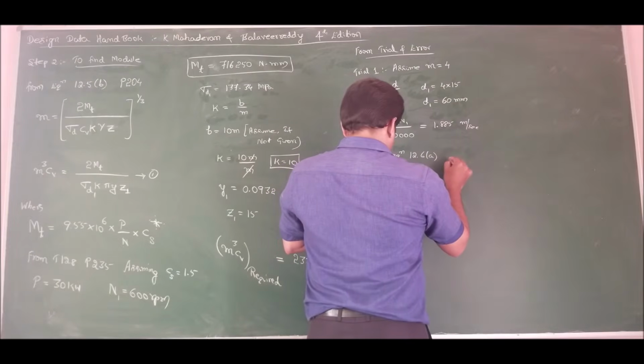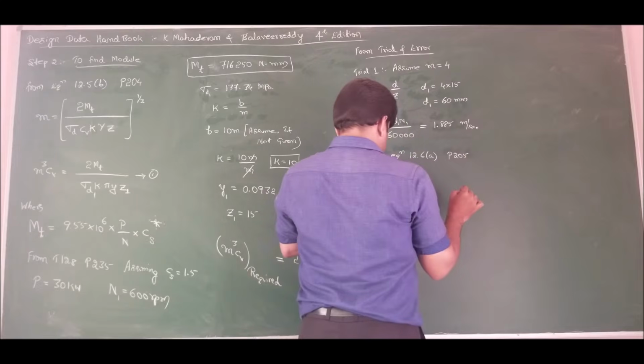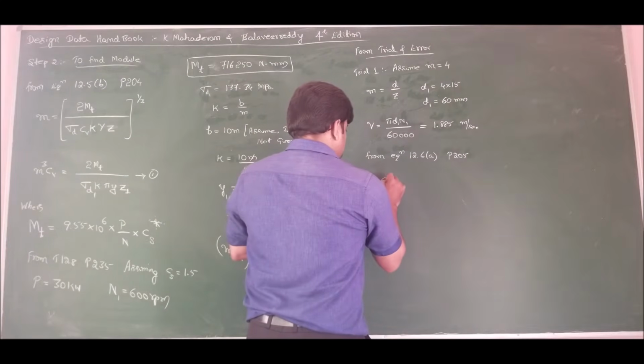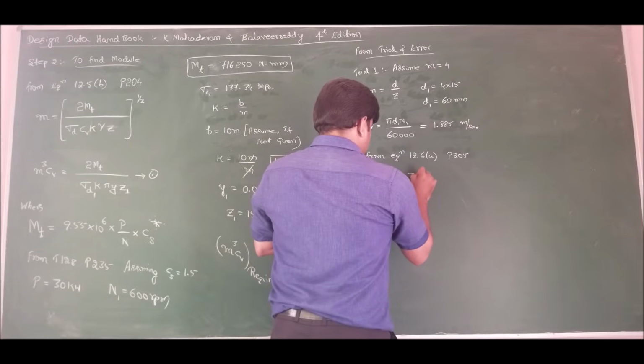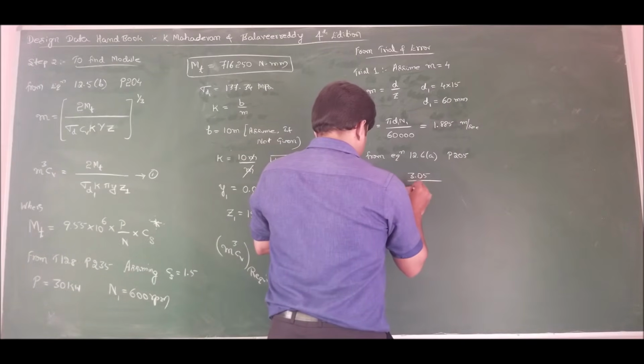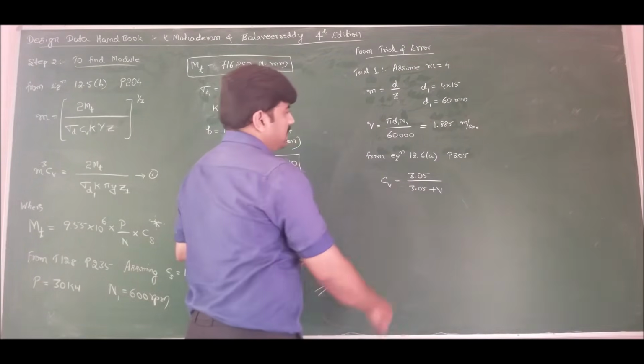Now to find the value of CV from equation 12.6a, page number 205, we have CV is equal to 3.05 divided by 3.05 plus V, for velocity up to 8 meters per second.